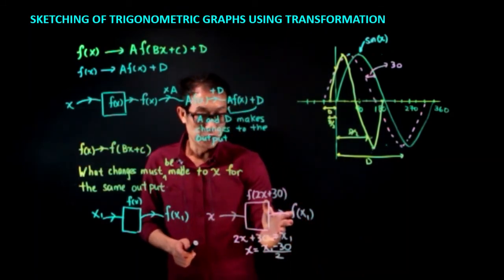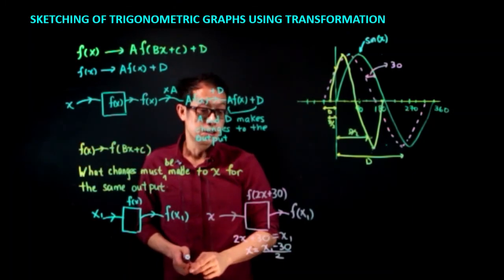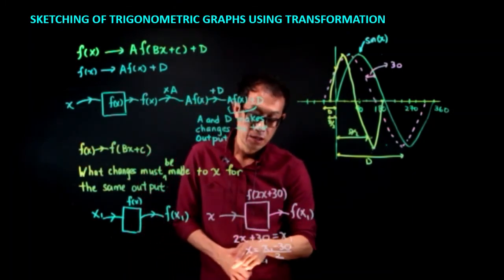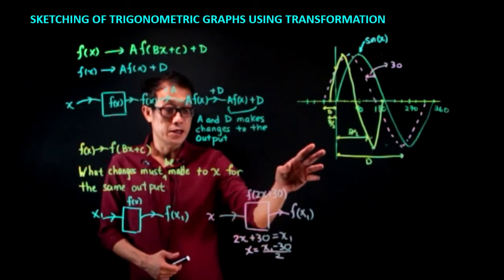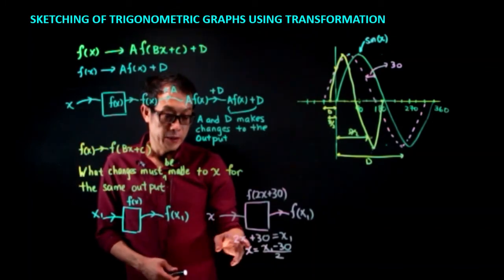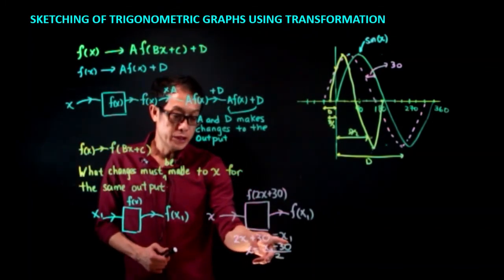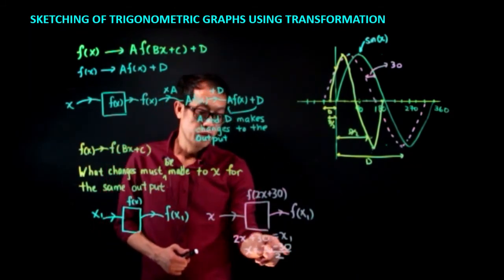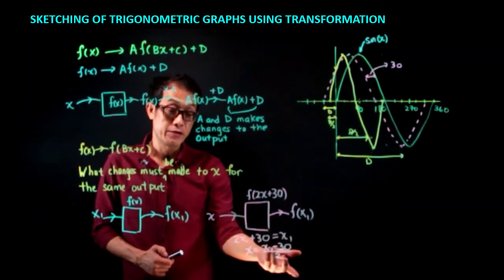Now there's one point which I hope to bring to your understanding. You look at this, 2x plus 30. What did we do first? We shifted the 30 first, instead of the 2. The reason being, when we do this transformation we use algebra: we minus 30 first before we divide by 2.